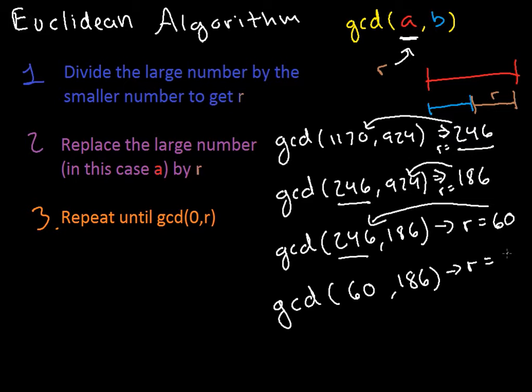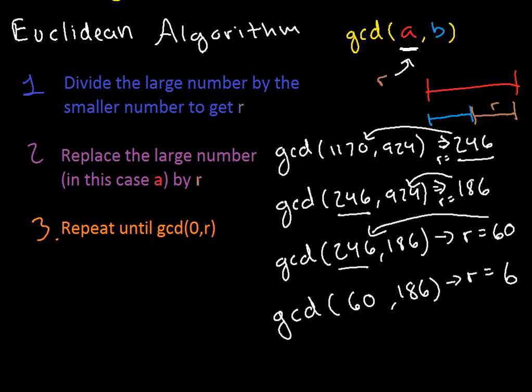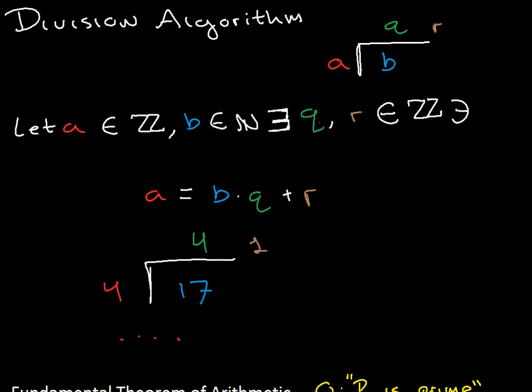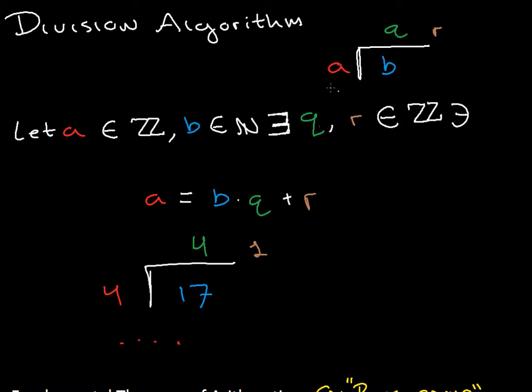Now, I want to digress for a second. I want to go back to the division algorithm. That was the first of these 4. The division algorithm is what we're using to find our greatest common divisor.